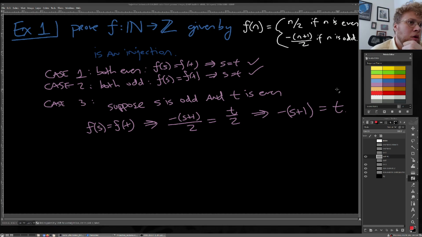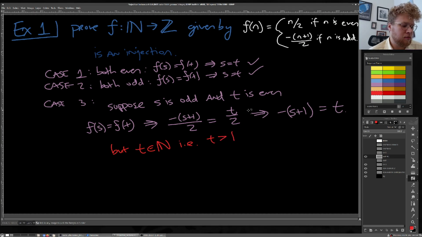So what's wrong with it is that t is a natural number, which means, of course, t is greater than or equal to 1. Might as well just say greater than 0. That's what I meant to say.